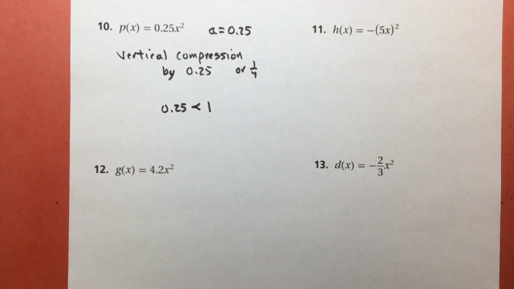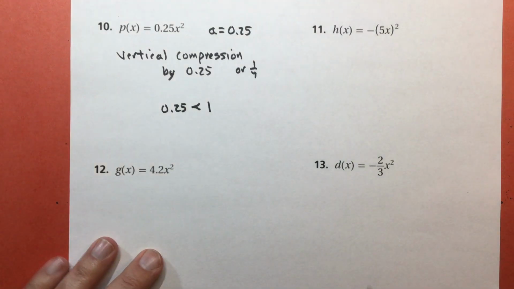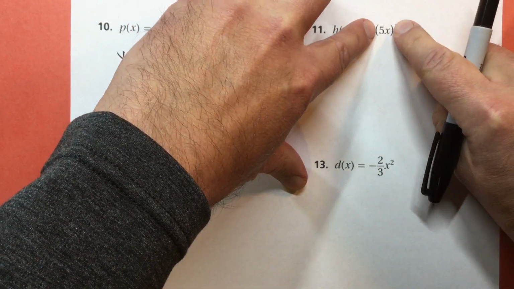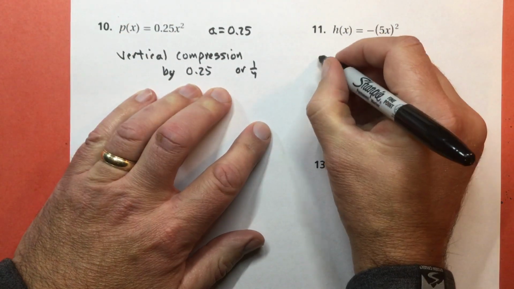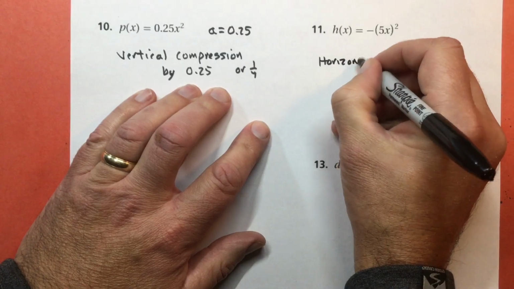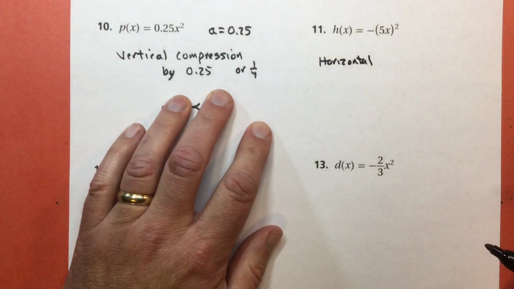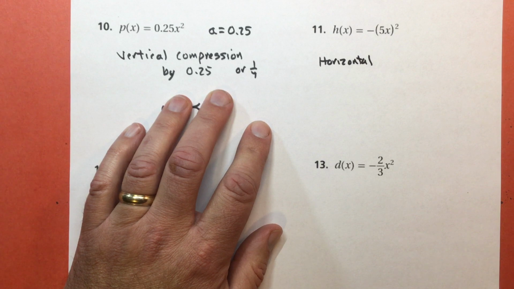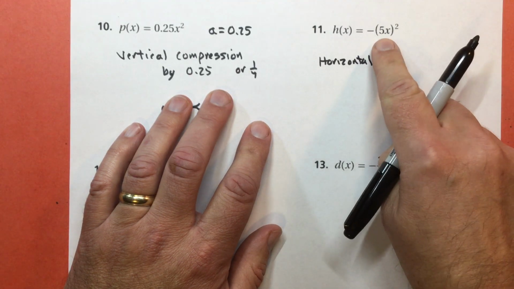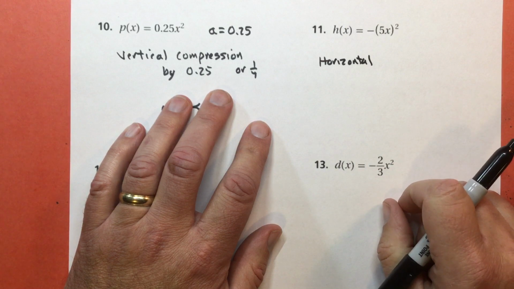Problem number 11, I see parentheses. I also see something outside of the parentheses. So there are two transformations that I have to deal with. Like I said earlier in a previous video, start by working inside the parentheses first. So what do I have here? I got 5x inside. This is a horizontal stretch or compression. Now, my first thought is 5 is bigger than 1, so that means that this has to be a stretch.